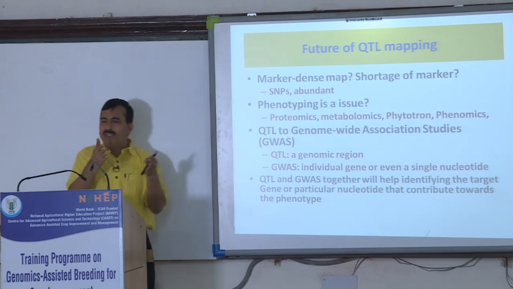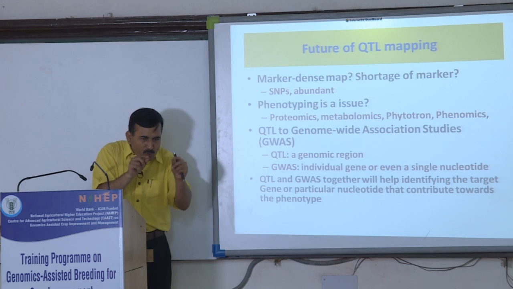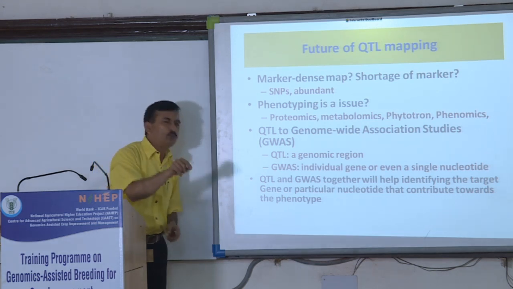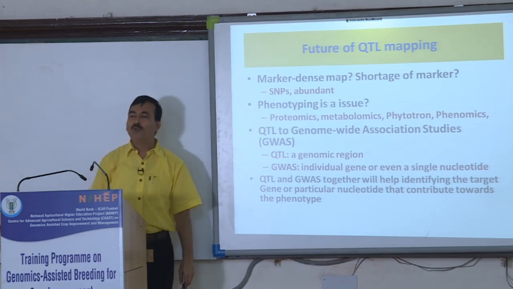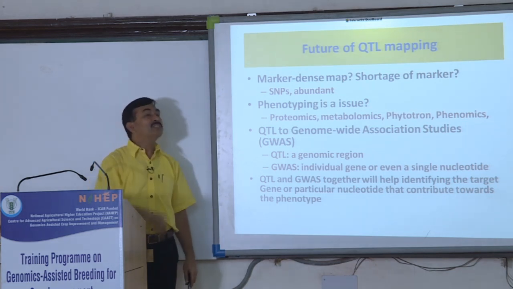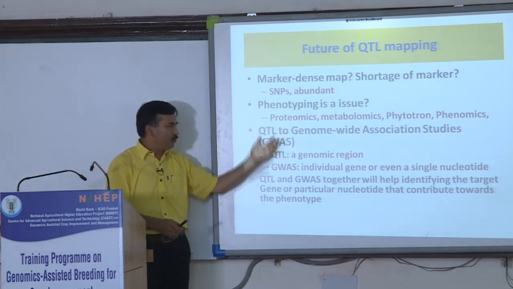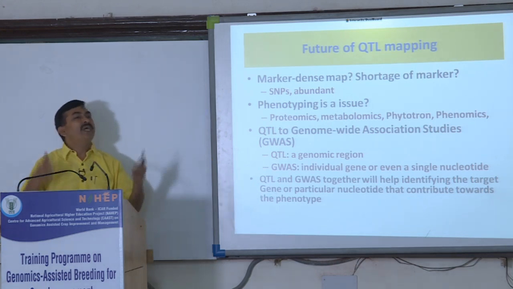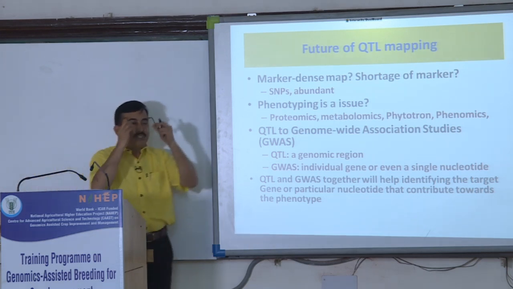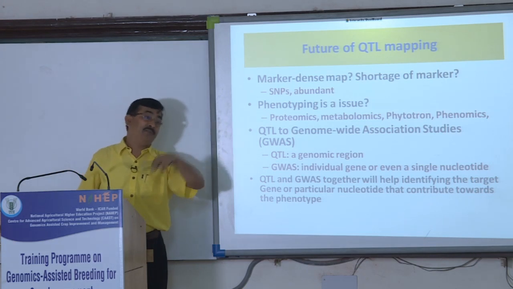But in GWAS, you are going deeper, closer to the small gene itself, or even to the specific nucleotide which was responsible for that change, right? So now if you do this together, QTL plus GWAS, you can find the gene directly or even the functional nucleotides. So that's why I told you the future is a different one.